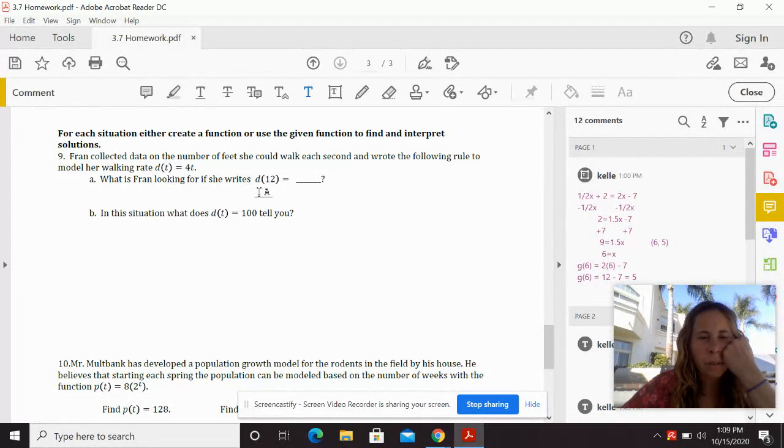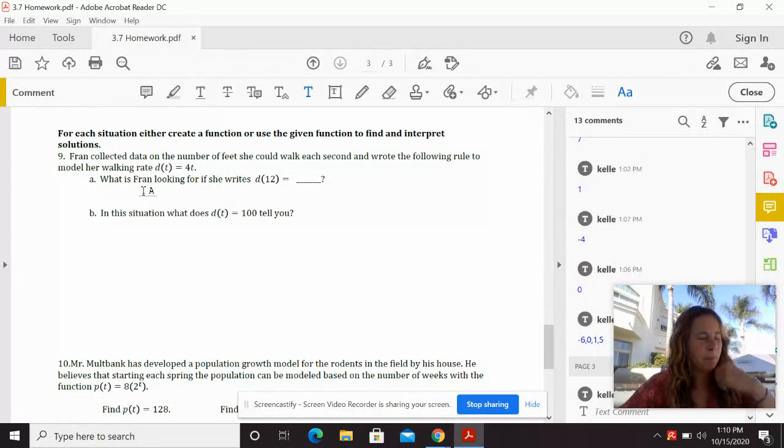D of 12. Okay, well, they're substituting 12 in for T. Okay, so you don't have to solve it, you just say they are looking for how far she walks in 12 seconds.